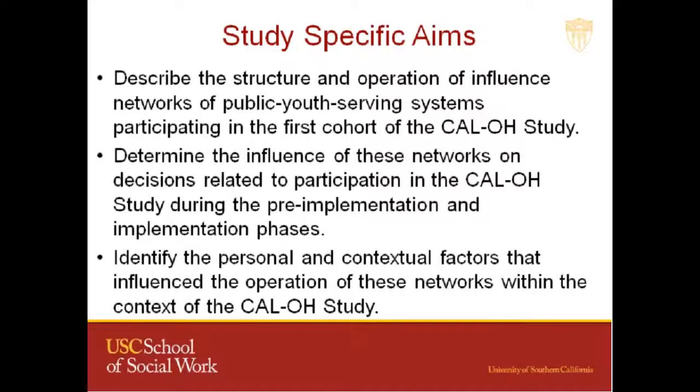We wanted to look at the influence of these networks on decisions relating to their participation in the study, particularly during the earliest phases, the pre-implementation and the implementation phases, and then look at the personal and contextual factors that influence the operation of these networks within the context of that study.